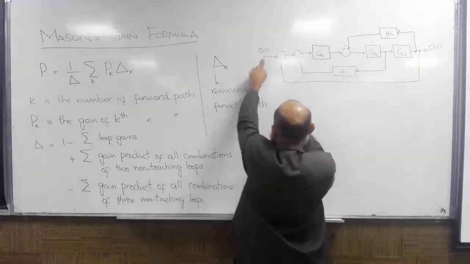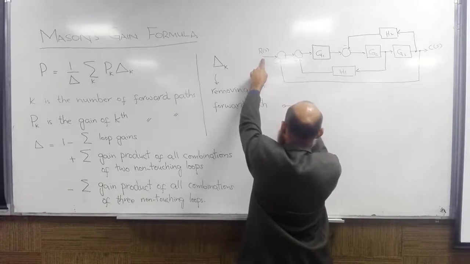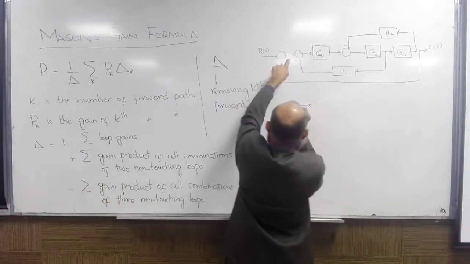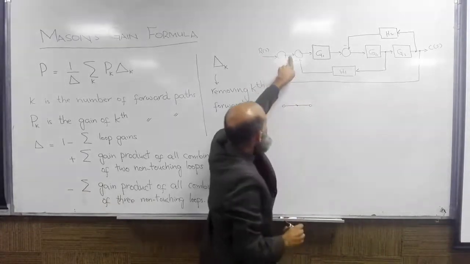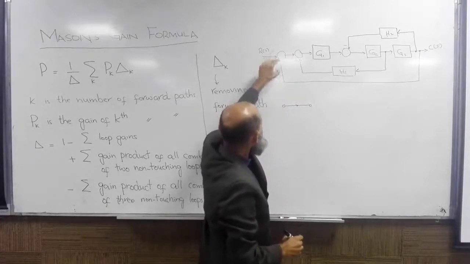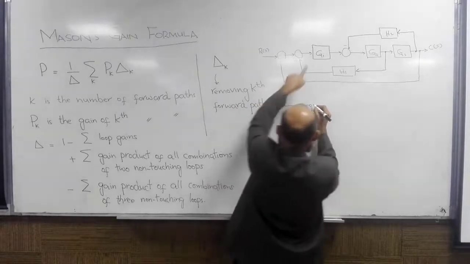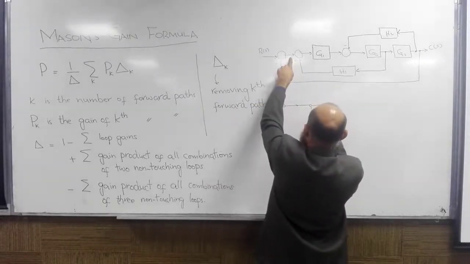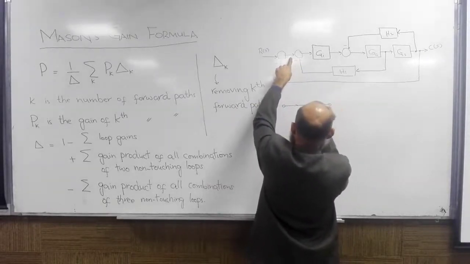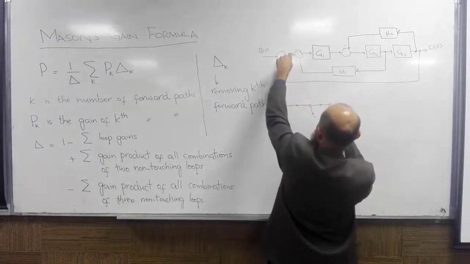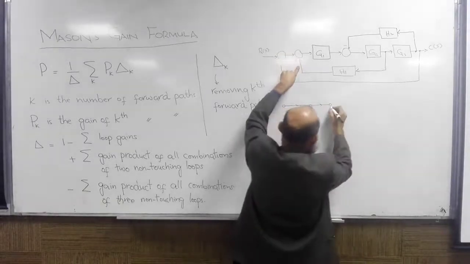We have this signal R of S, and then another signal. This signal is the sum of this signal and negative of this signal. And then we have another signal which is the sum of this signal and this signal.